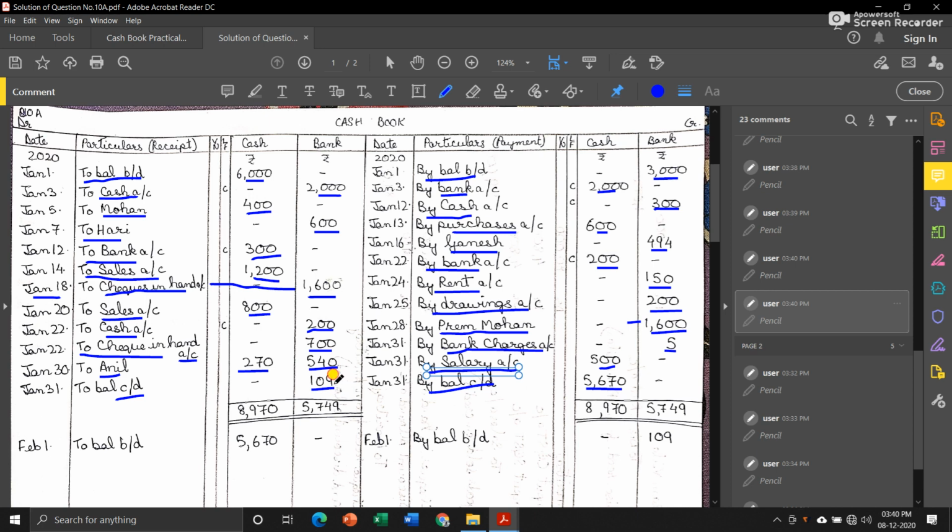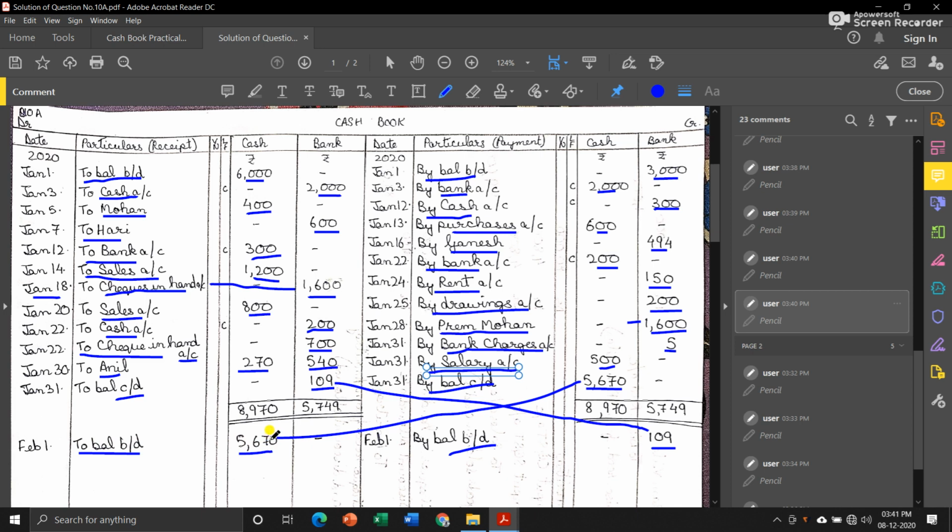So that means this 109 will come as balance brought down, or you can say as overdraft balance of bank in the next month, and cash 5,670 will come in debit side, and we have debit balance of cash of rupees 5,670. I hope you understood this question.